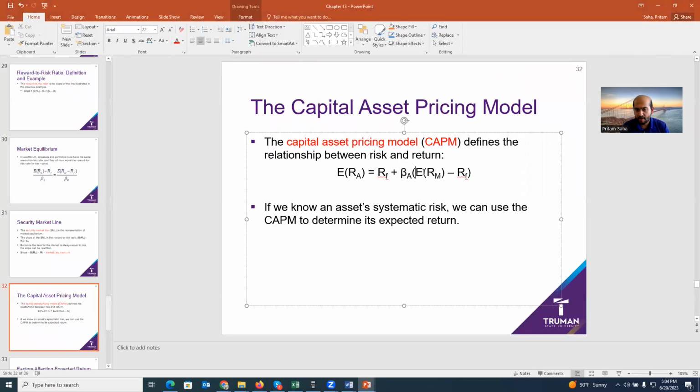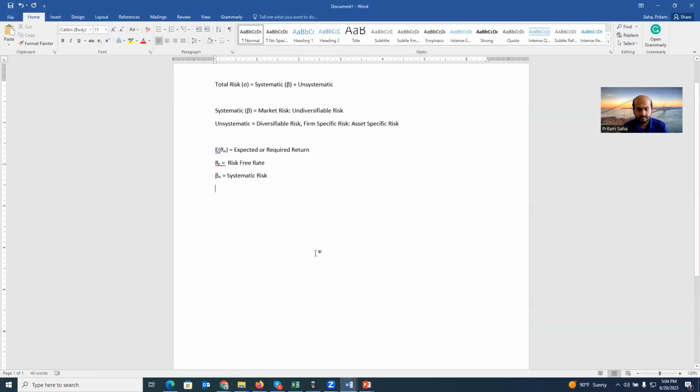Now, this part only is the expected return on market. Expected return on market, okay?